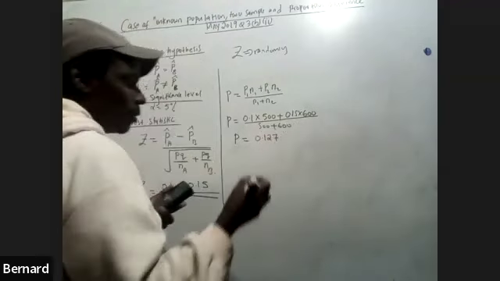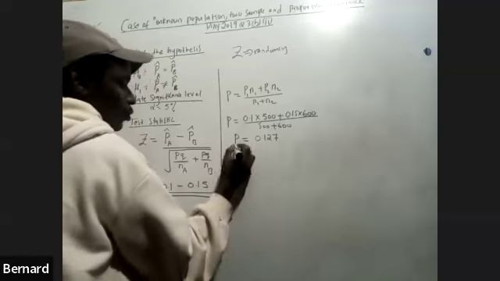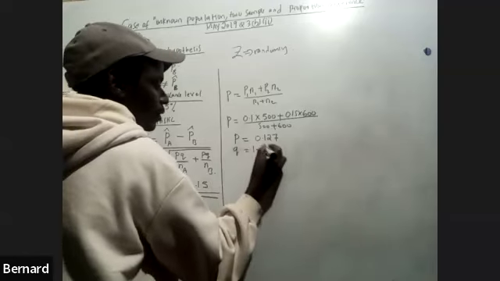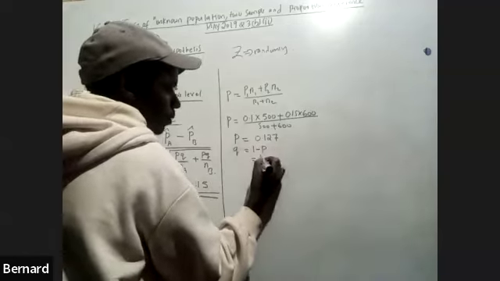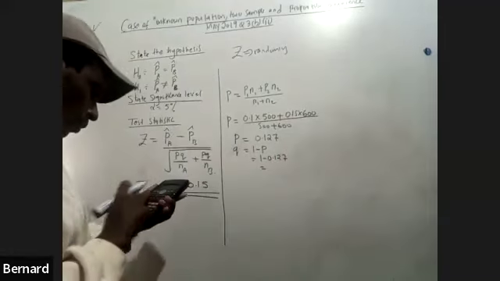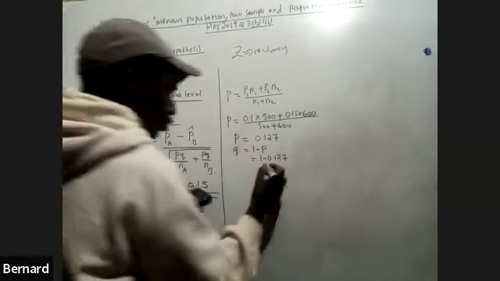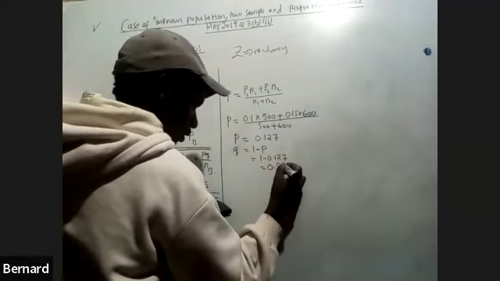0.127. Meaning, what will be our Q? So Q is 1 minus P, which is 1 minus 0.127, which is 0.87.